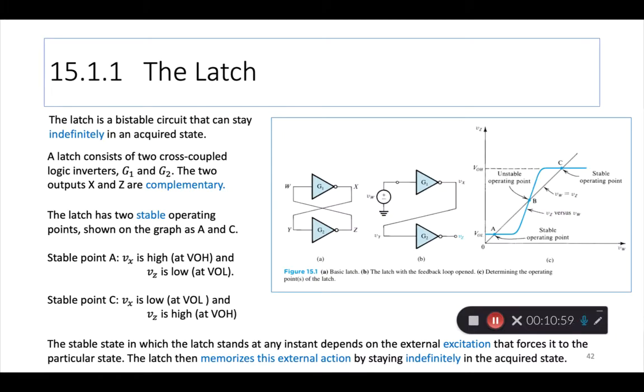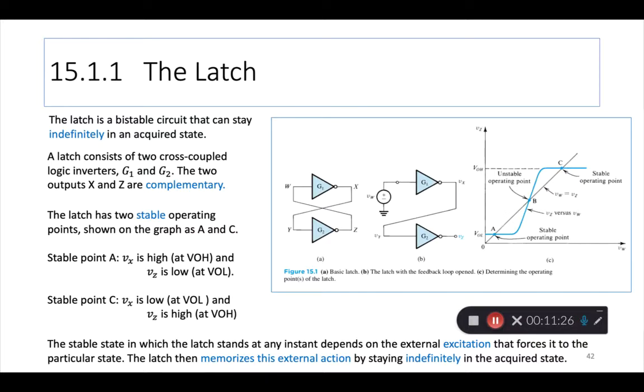All right, so let's start with the very first topic under 15.1, the latch. So what's a latch? A latch is a bistable circuit. Now remember, I told you that memory circuits consist of either the bistable static sequential type or the dynamic sequential type with capacitors.